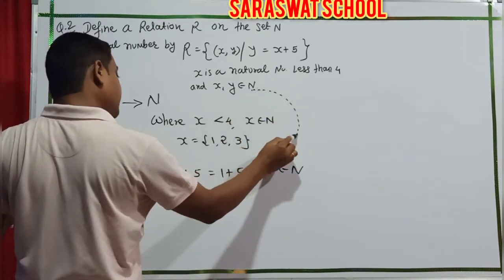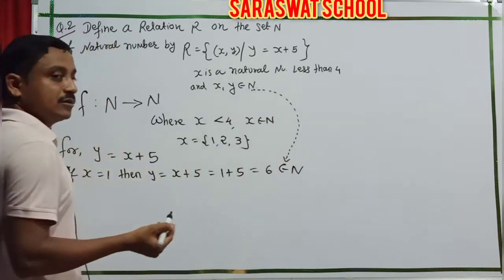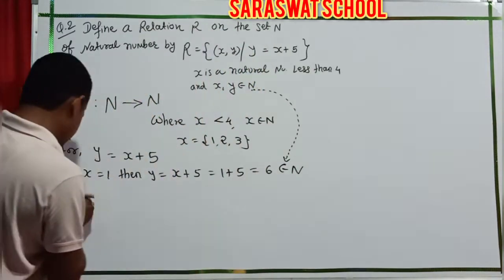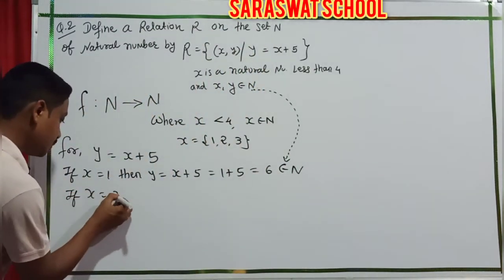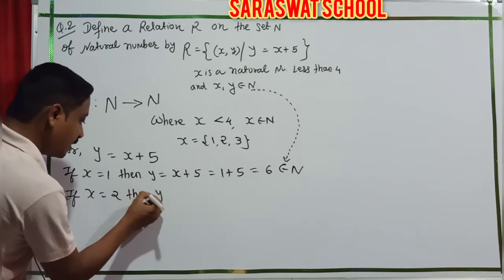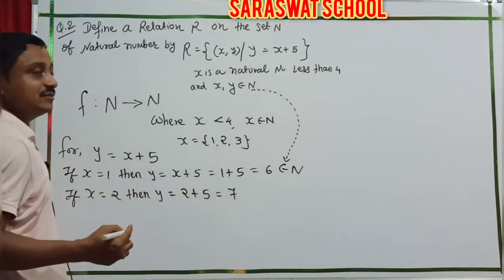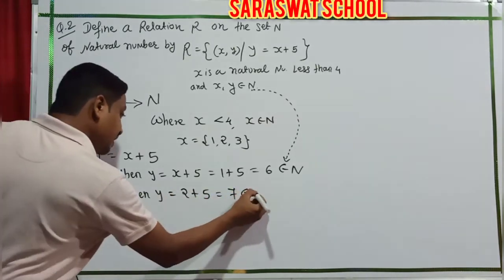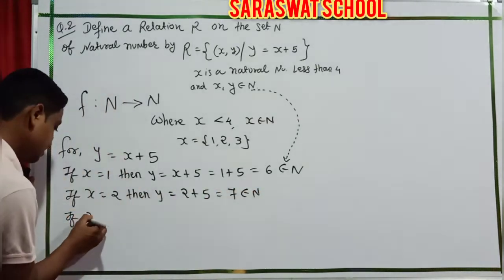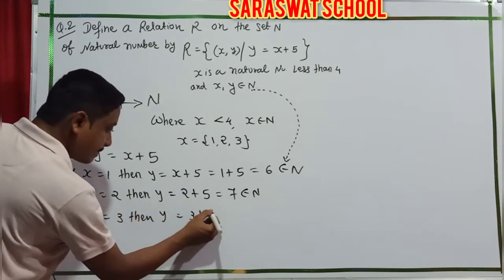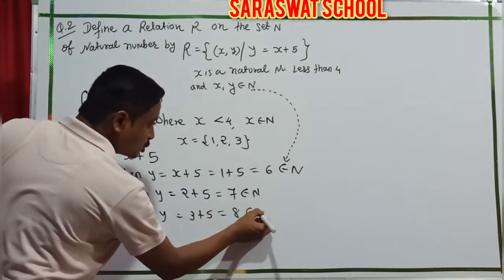Yes, it is present in N. Then it belongs to the relation, otherwise not. Next, if x is equal to 2, then y is equal to 2 plus 5, which is 7, also present in N. And if x is equal to 3, then y is equal to 3 plus 5, which is 8, belongs to N.